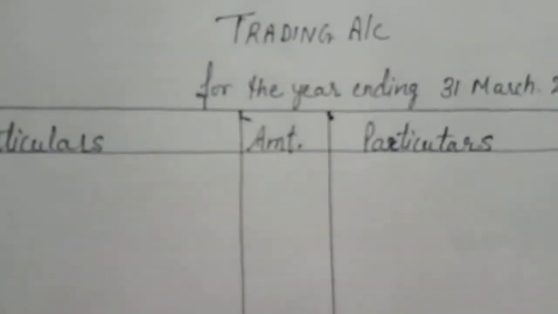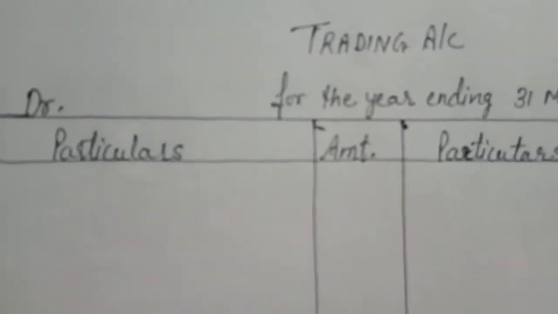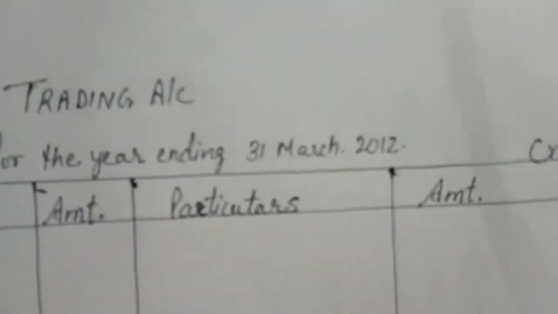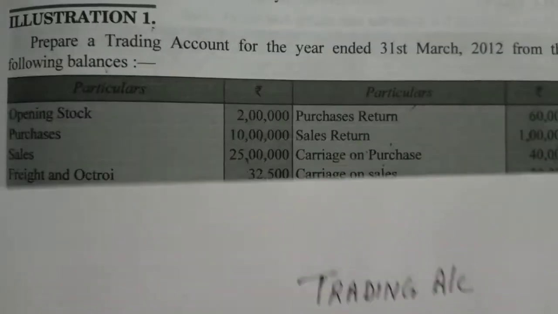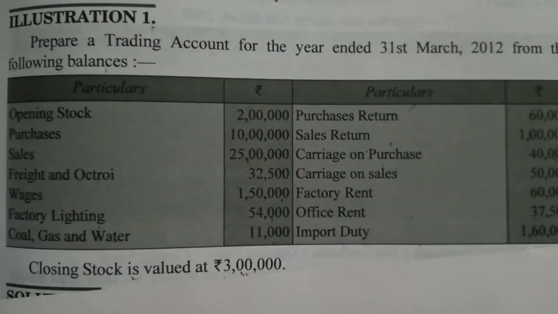This is of T shape. One side is debit and another side is credit. Let us write all the items that are given in the question one by one.